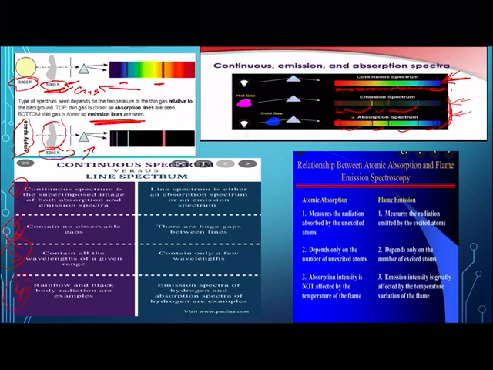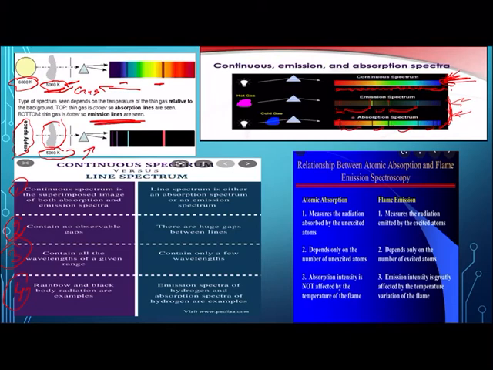Rainbow and black body radiation are examples of continuous spectra, while emission spectra of hydrogen and absorption spectra of hydrogen are examples of line spectra.